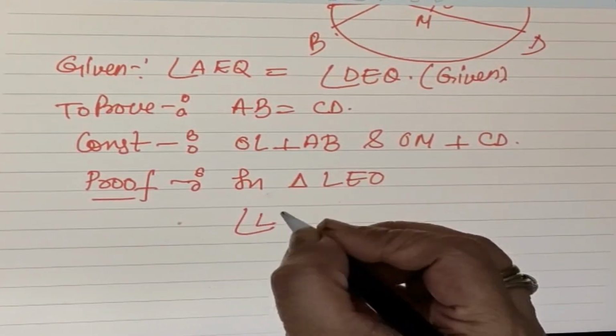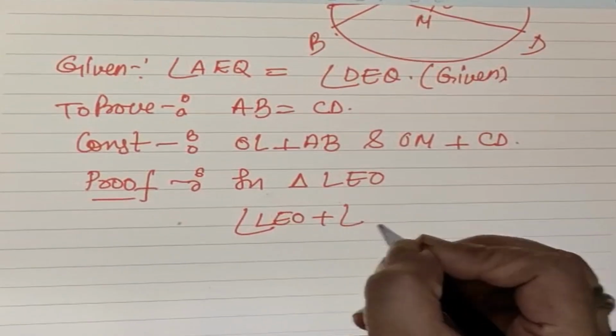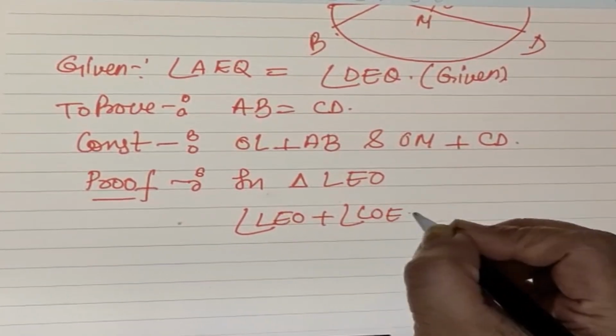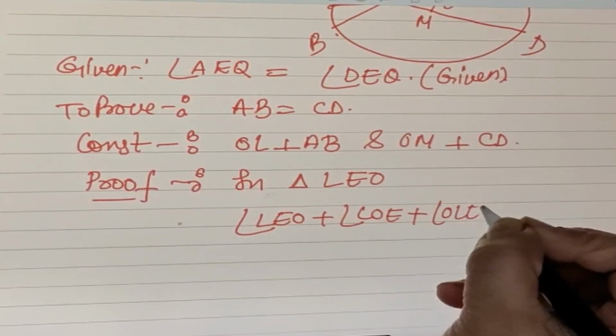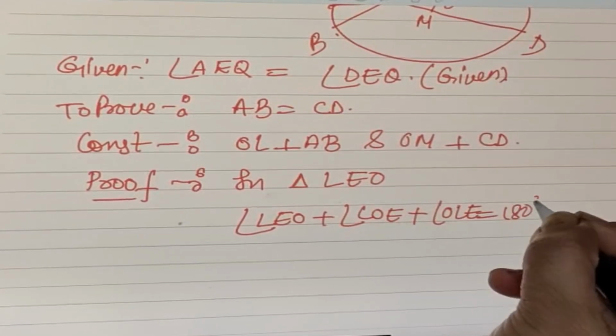angle LEO plus LOE plus OLE is equal to 180 degrees.